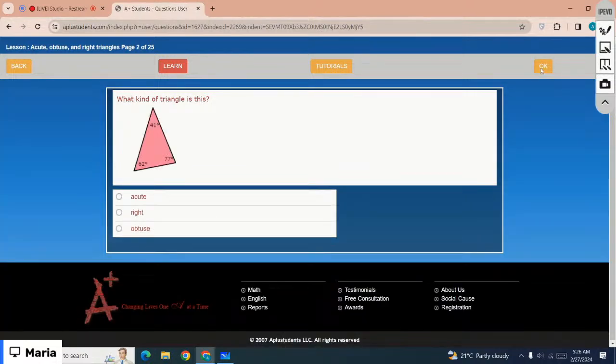What kind of triangle is this? Which is the correct option? Acute, right, obtuse.